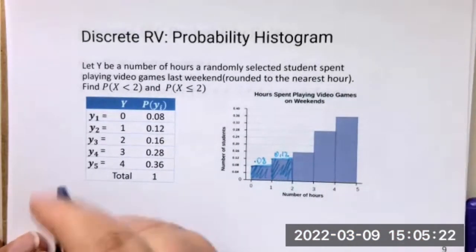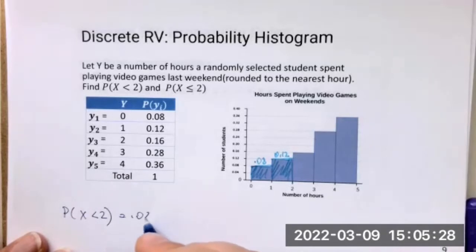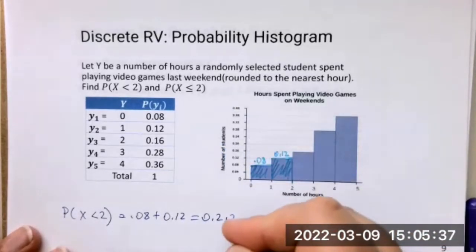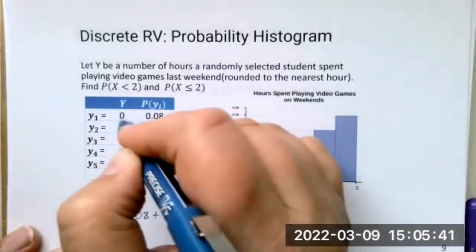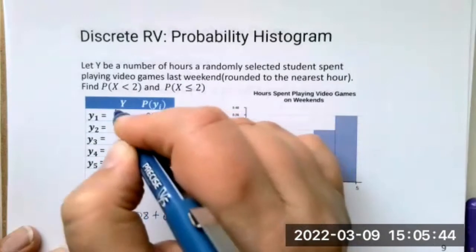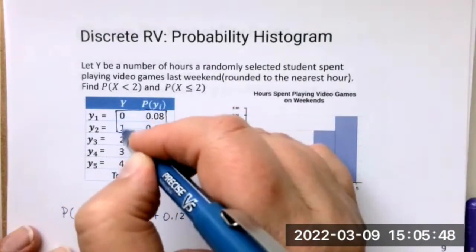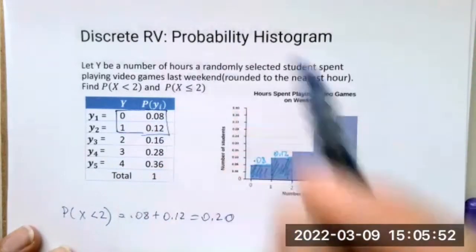So the probability that x is less than 2 is going to be 0.08 plus 0.12, so 0.20. Now, we can get that information from the table as well. Yeah, that's included right here, 0 or 1. These are our values for the variable, and these are corresponding probabilities. So just add them up.